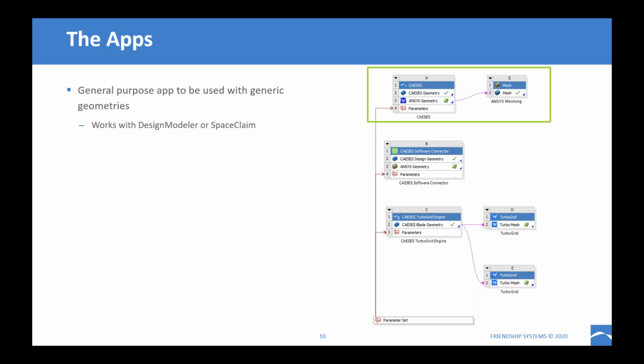So basically, many of the geometries we've seen a few slides back where you would like to run a shape optimization. This connects to Design Modeler or SpaceClaim. So basically, as I showed before, CAESES exports the geometry and would then send it to Design Modeler or SpaceClaim, and then it can be transferred to the meshing.